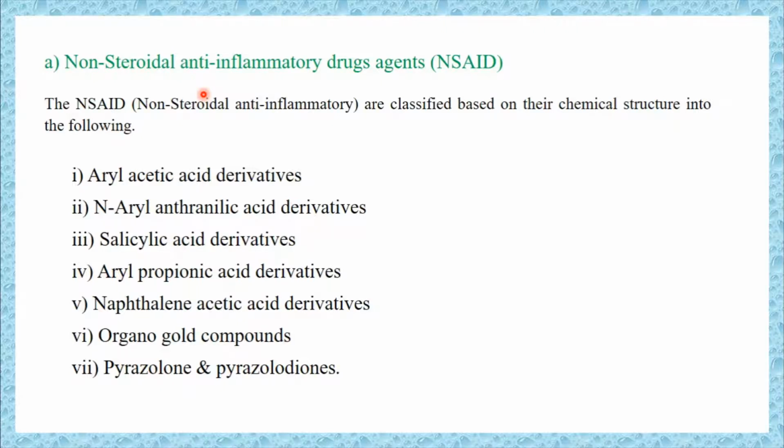NSAIDs, that is non-steroidal anti-inflammatory drugs, are classified on the basis of their chemical structure.